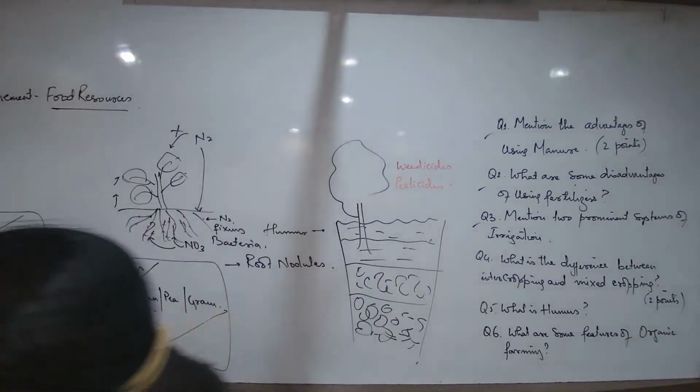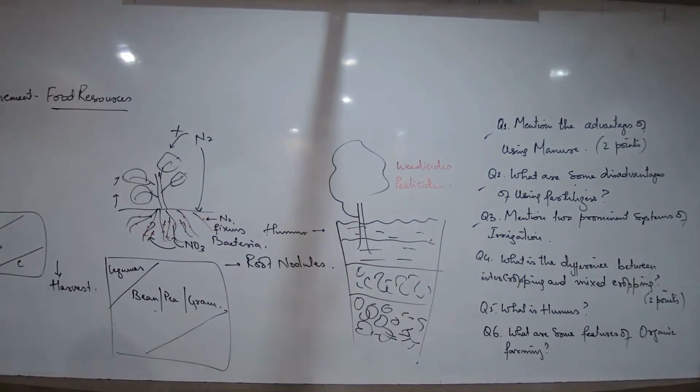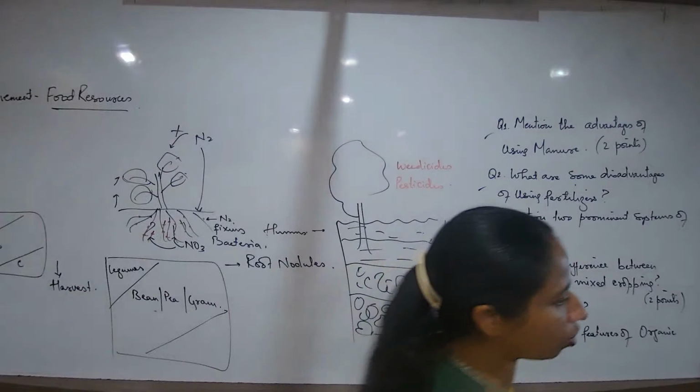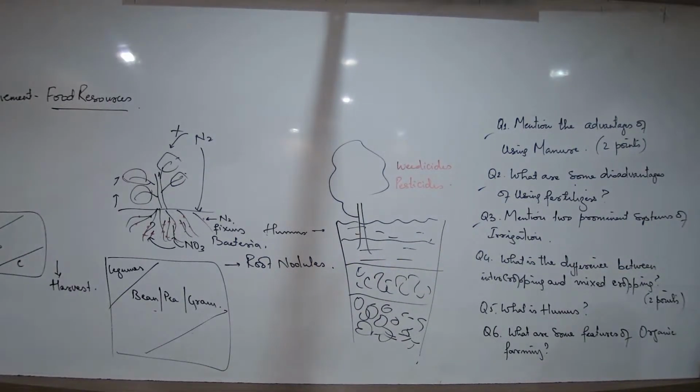Second point, mixing the weeds with the soil to make green manure. Mention two ways of weed control.